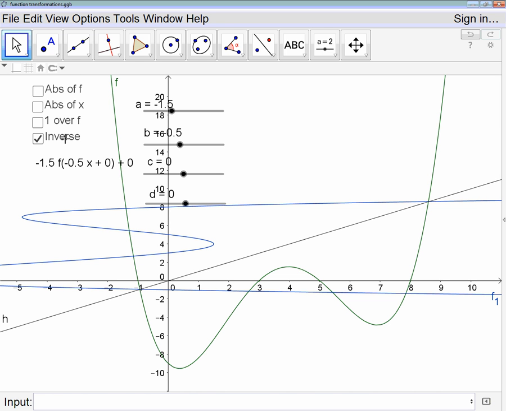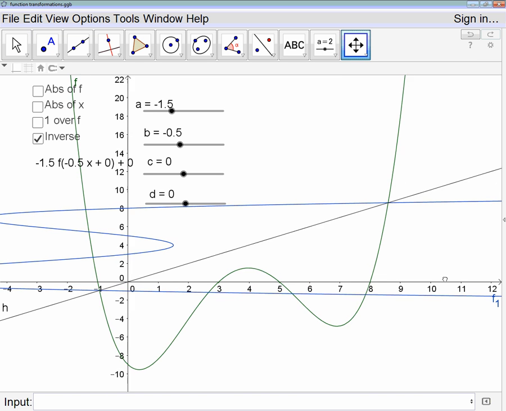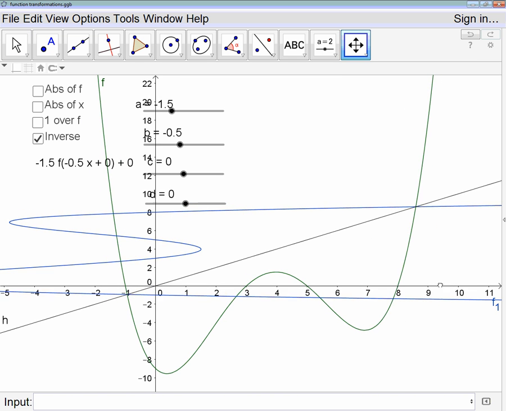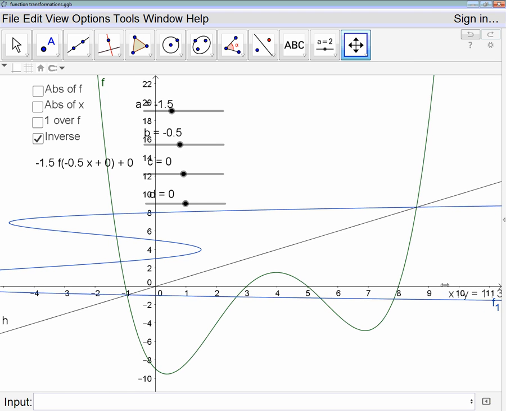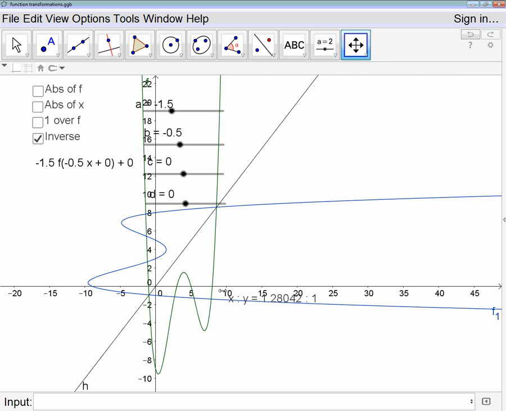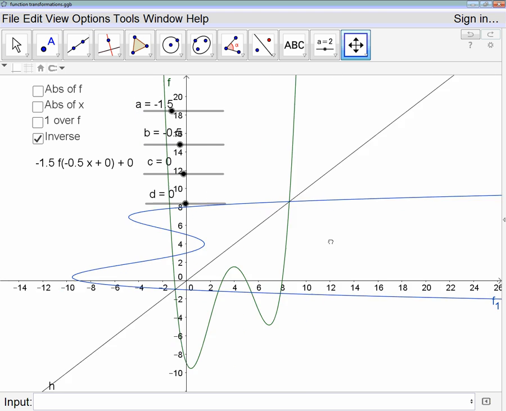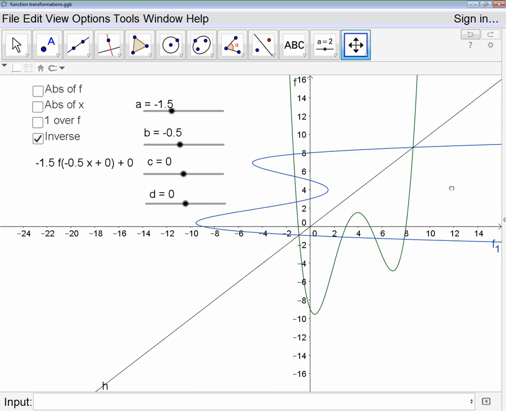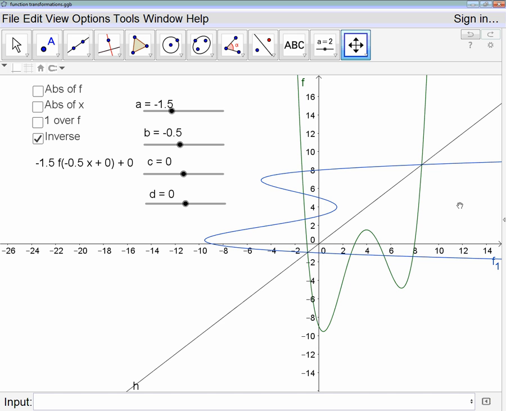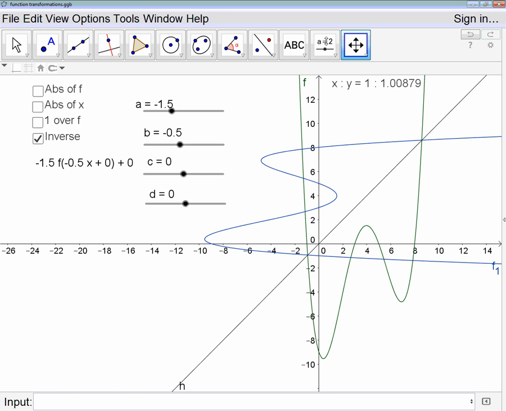All right. So, inverses. Yeah, right? Okay. Let's see if I can get my scale a little bit better. Take a look.